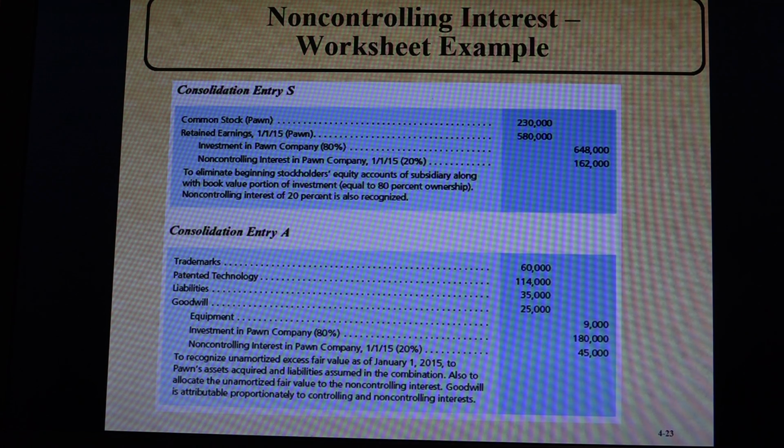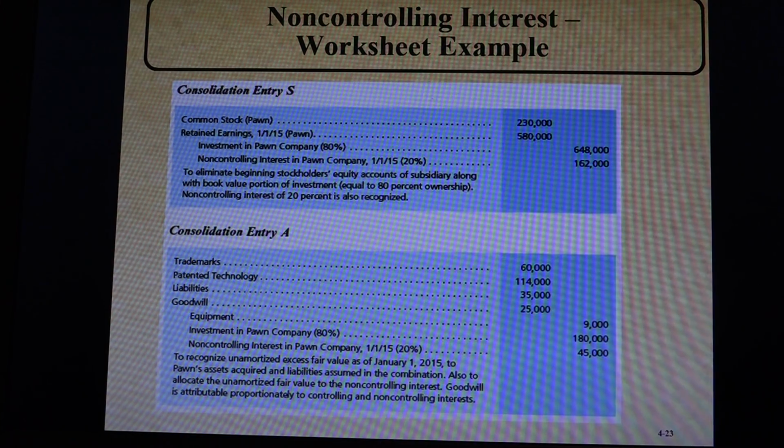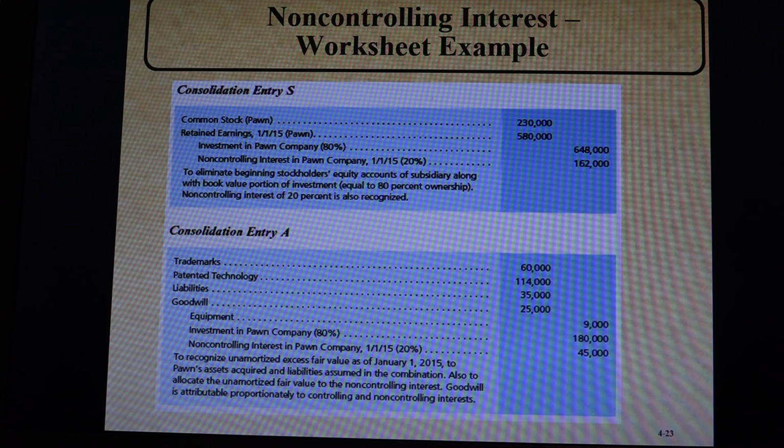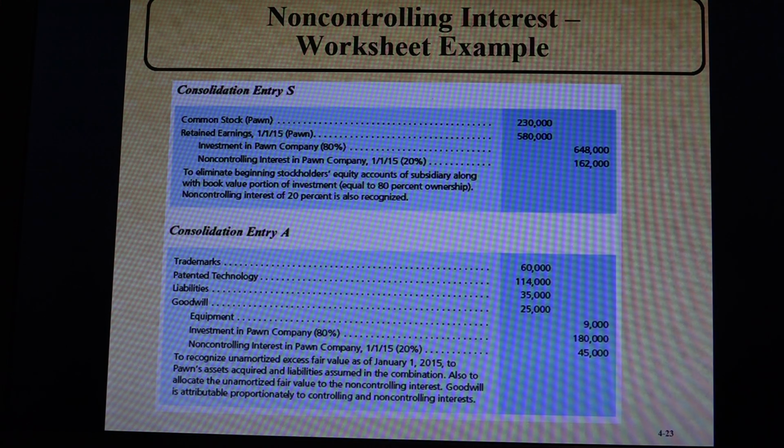And then this number right here, the 162, you can see it on page 160 or on page 162, either one. It's 20% times 810,000 subsidiary book value at 1115.